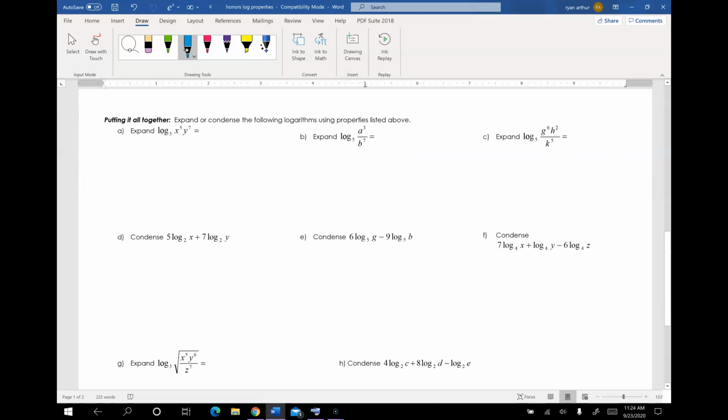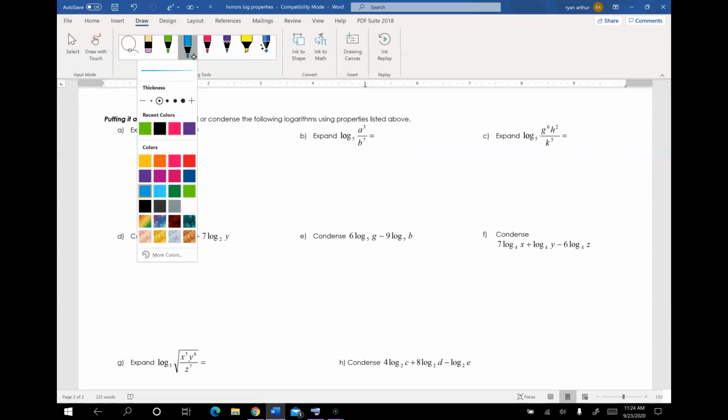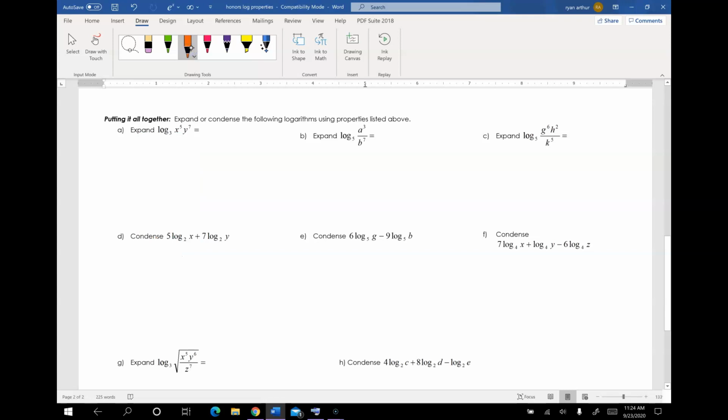Let's go down to here to another expand. All right, so I want to expand this next one. It says I want to expand log base 3 of x to the 5th and y to the 7th. All right, so there are 2 components here, so I'm going to have 2 logs. They're being multiplied, so I'm going to add the 2 logs.